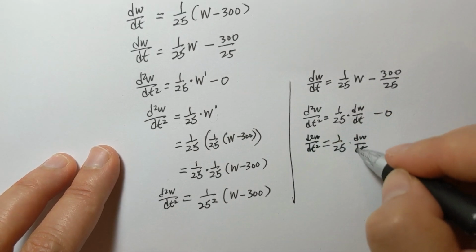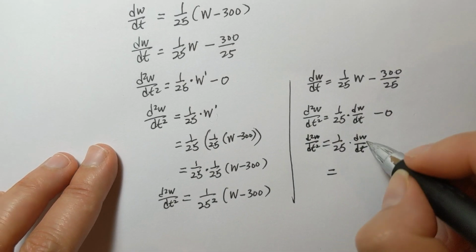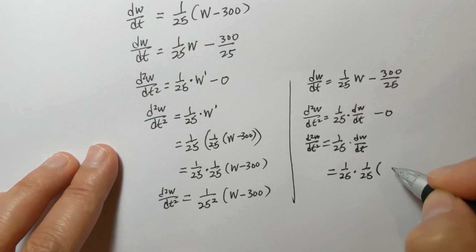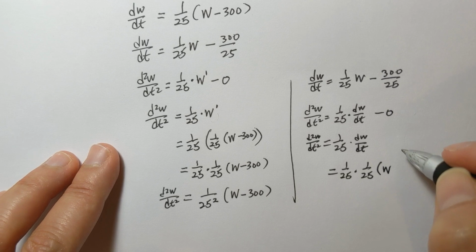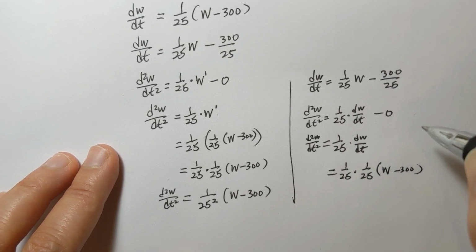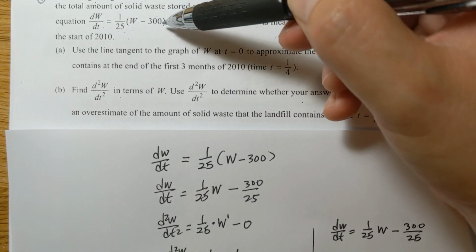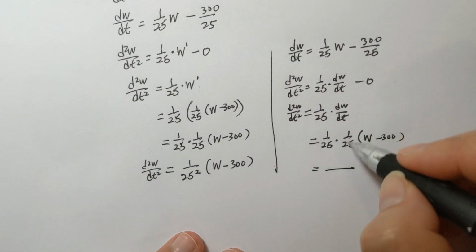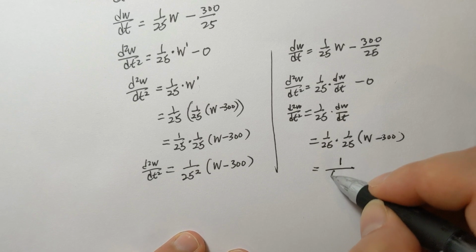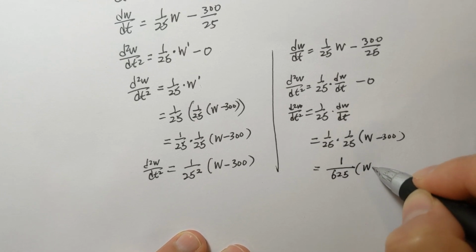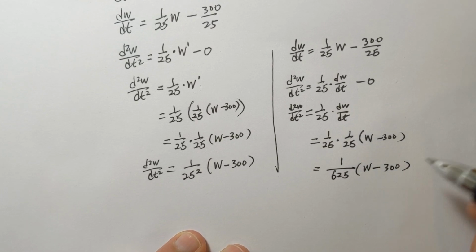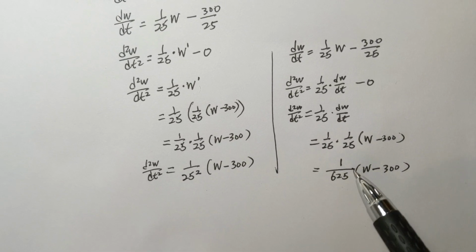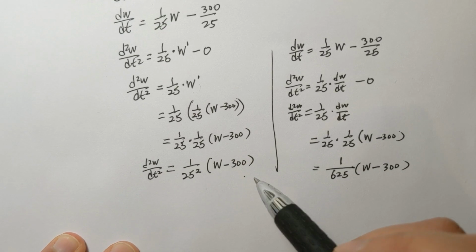We are not allowed to leave our answer this way, so I'm going to substitute this by 1 over 25 times (W minus 300). We substitute it, and then we're going to simplify a little bit. So you got 625, and these two are the same. So you just choose the method you like. I'm going to stick with my first column.